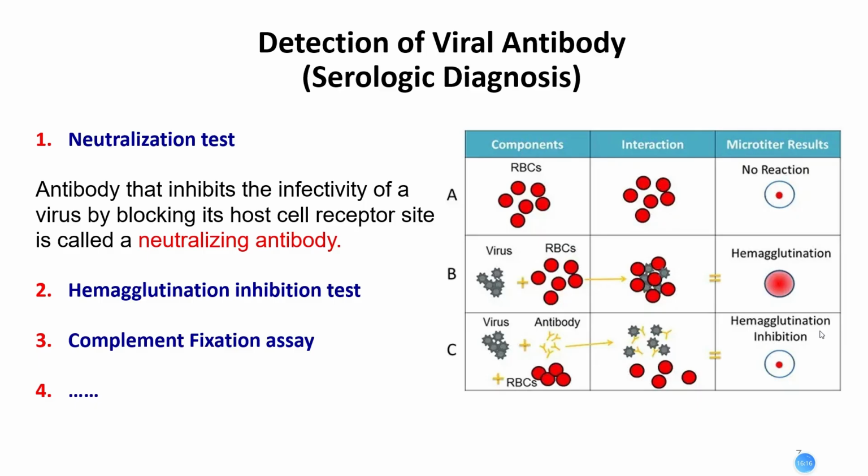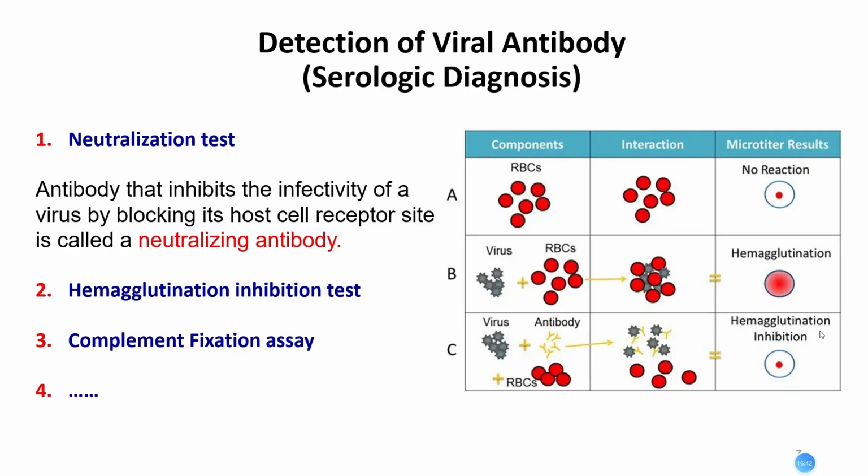This is hemagglutination. While for the inhibition test, you mix the virus and red blood cells, and meanwhile, you add in the patient's serum, which contains the antibody. The antibody will bind to the viral particle so that hemagglutination cannot happen anymore.